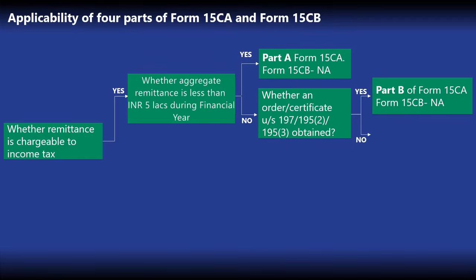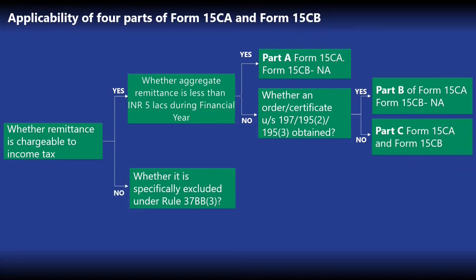However, if the amount of remittance is chargeable to income tax, it is more than Rs 5 lakhs and the order from the assessing officer has not been obtained, Part C of Form 15CA will be applicable and it is required to be filed along with a certificate from Chartered Accountant in Form 15CB. Where the amount of remittance is not chargeable to income tax, please check whether it is specifically excluded under Rule 37BB Clause 3.